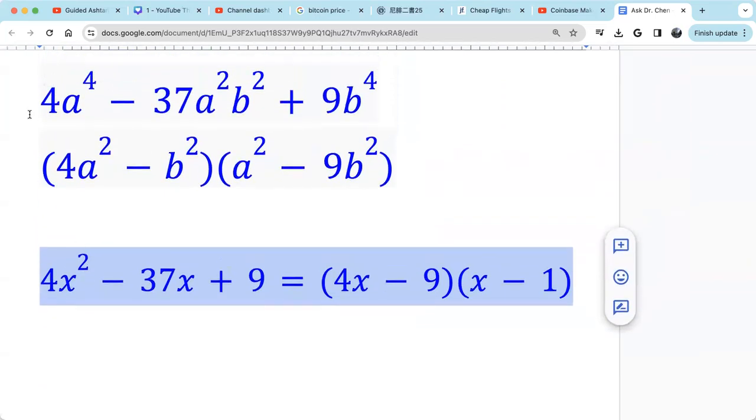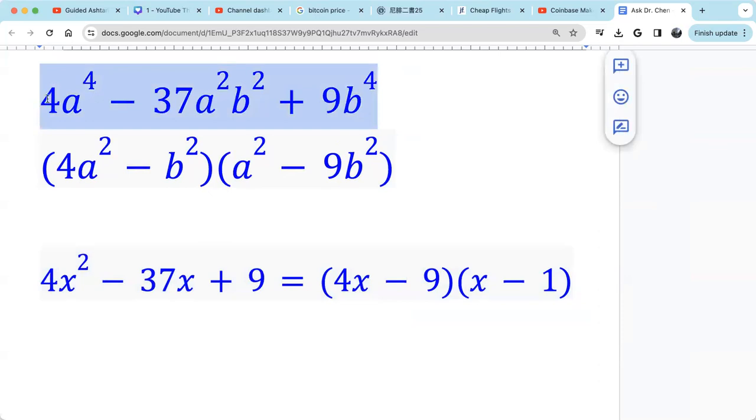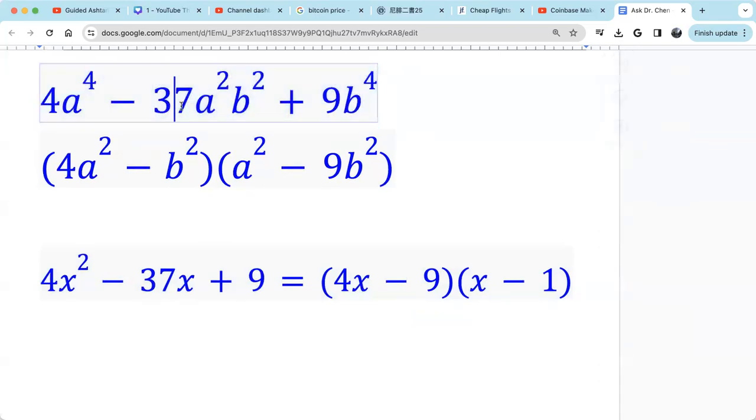You can make a simple version, so you only use the coefficients: 4, negative 37, and a positive 9. This is easier. You see clearly you want 4 times negative 9 to get negative 36, then negative 1 times x to get negative 1x.